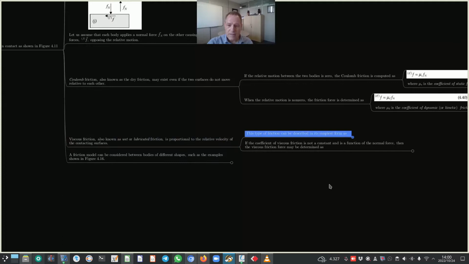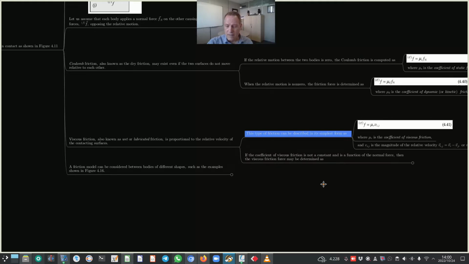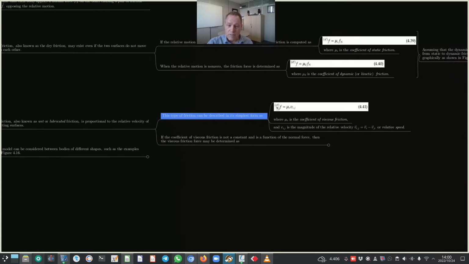This type of friction can be described in its simplest form as F superscript Vf for viscous friction equals mu V times V subscript ij, where mu V is the coefficient of viscous friction and V subscript ij is the magnitude of the relative velocity Vi minus Vj, or relative speed.